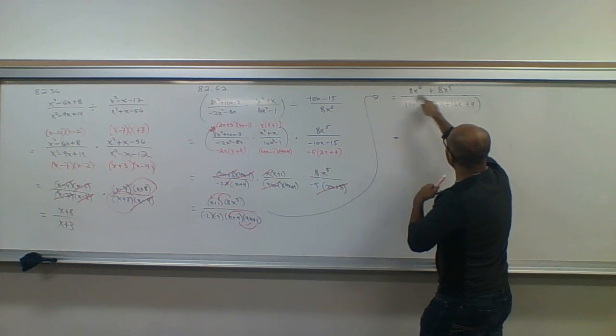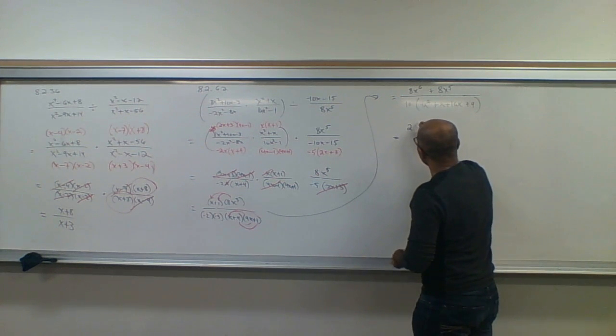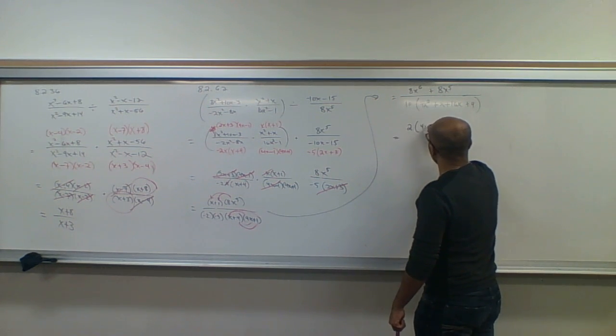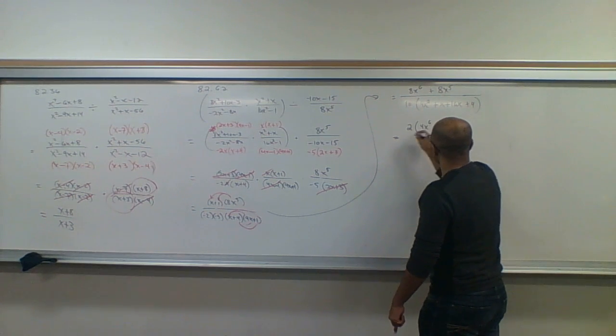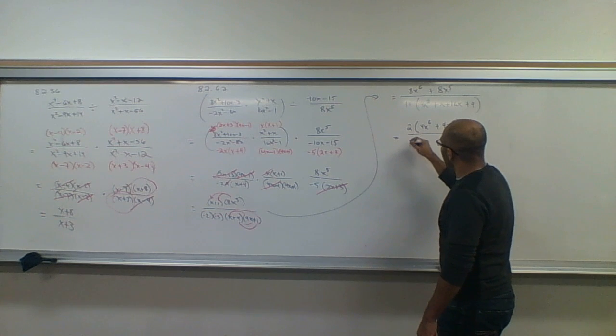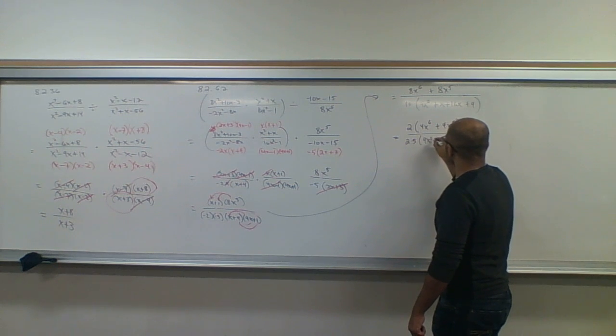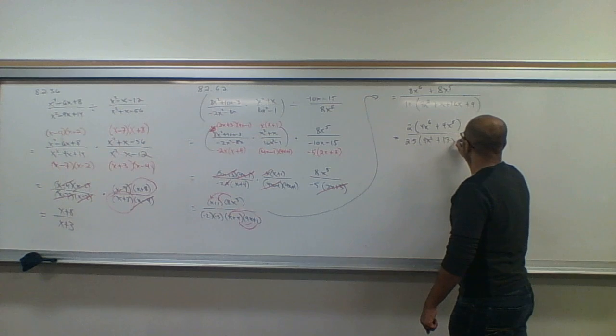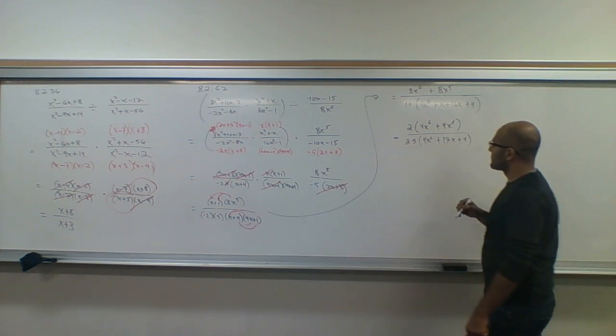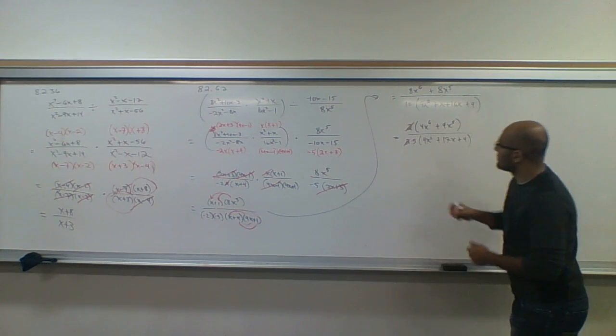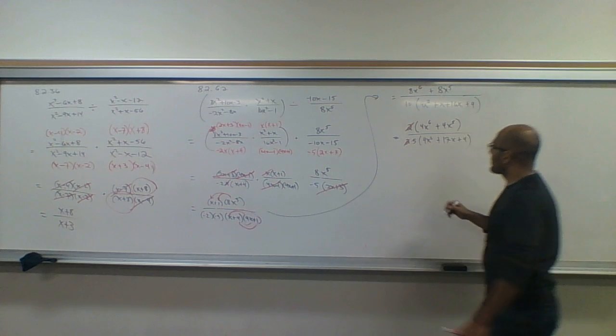I'm going to factor out a 2 from the numerator there, so I'll put a 2 there. And then that'll leave me with 4x to the 6th power plus 4x to the 5th power divided by, and then I'm going to leave this again as a 2 times a 5. Well, okay, that's fine. 4x squared plus 17x plus 4. And now these guys cancel. And now I'm ready for my final answer.